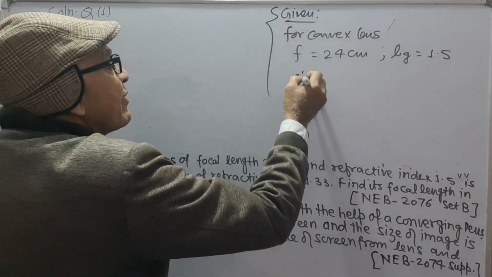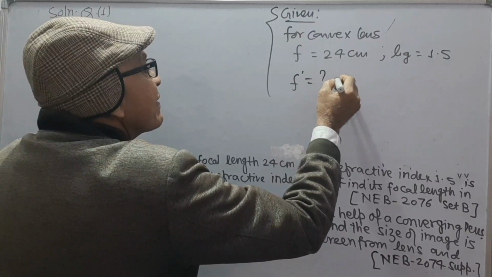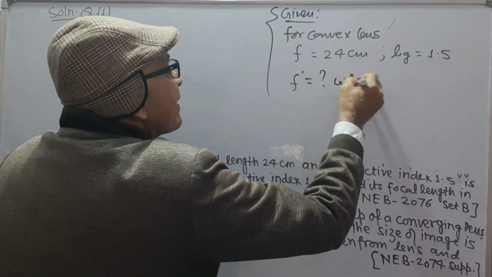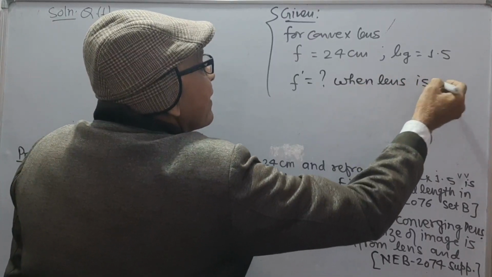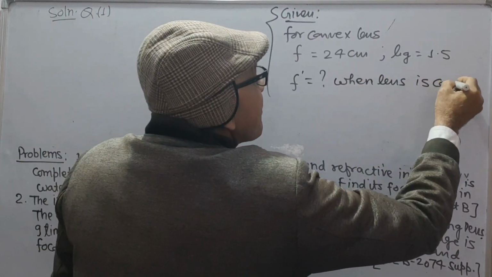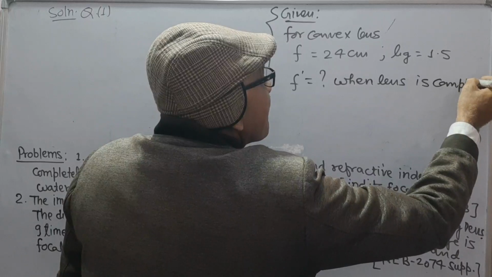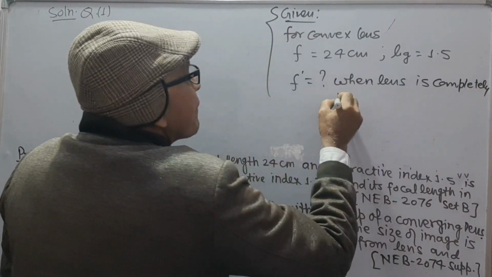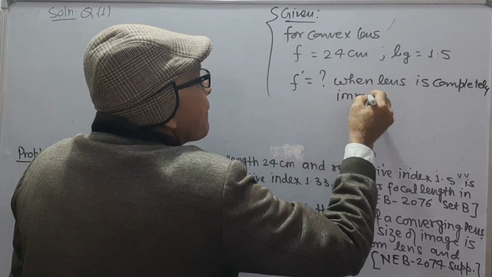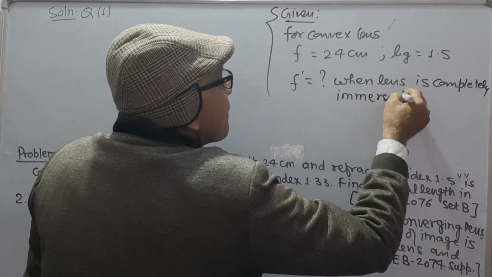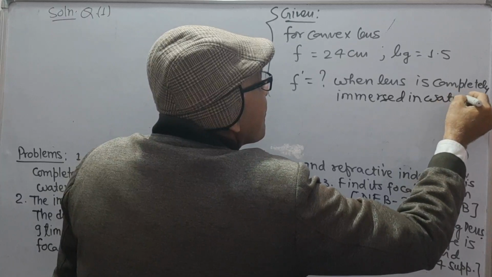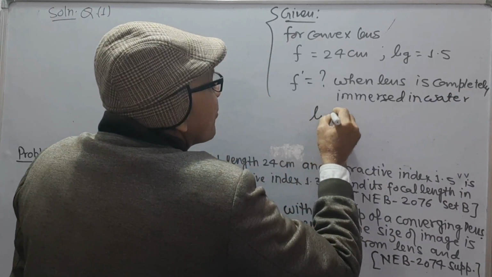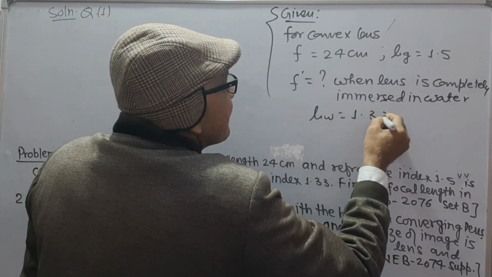We have to find focal length when lens is completely immersed in water of refractive index mu water is equal to 1.33.